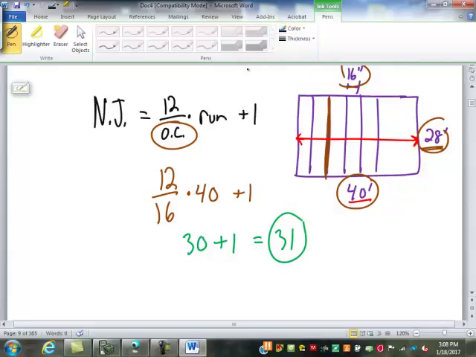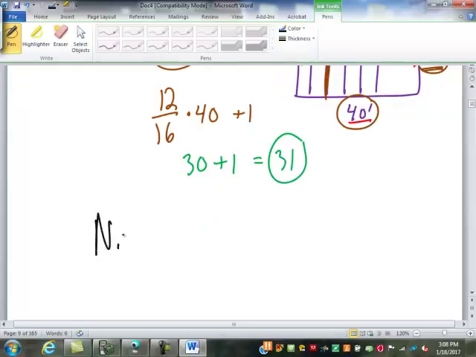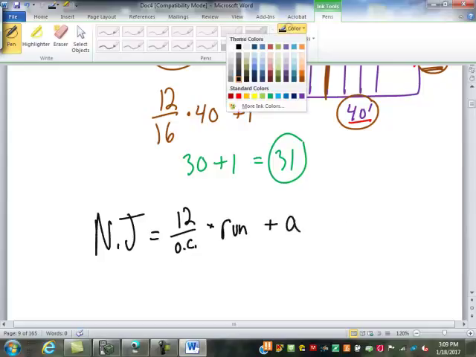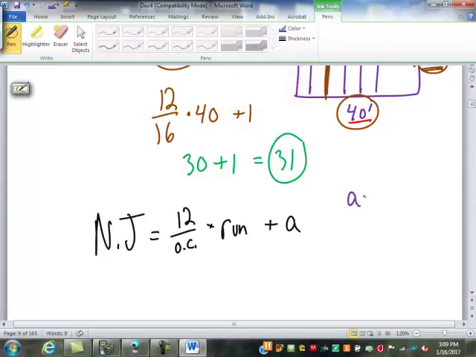Now, in construction, we often run into examples that are more complicated. Like this plus 1 may have conditions. It might be the number of joists equals 12 over the on-center times the run plus A, where A equals 1 if there's a joist on both ends.